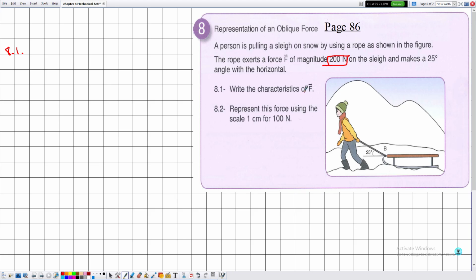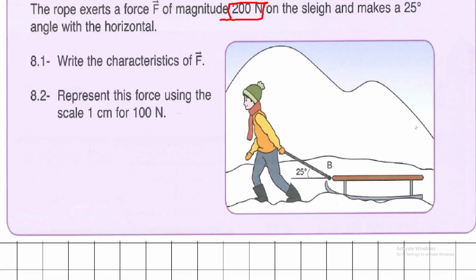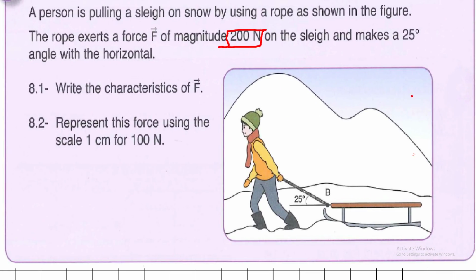Now in 8.1 we need to write the characteristics of F. In order to determine the characteristics of F, we need to refer to the figure and to check how the rope is exerting an action on the sleigh. So notice that the person is pulling the sleigh along this direction, so this is the force which causes the motion of the sleigh from right to left along the snow.